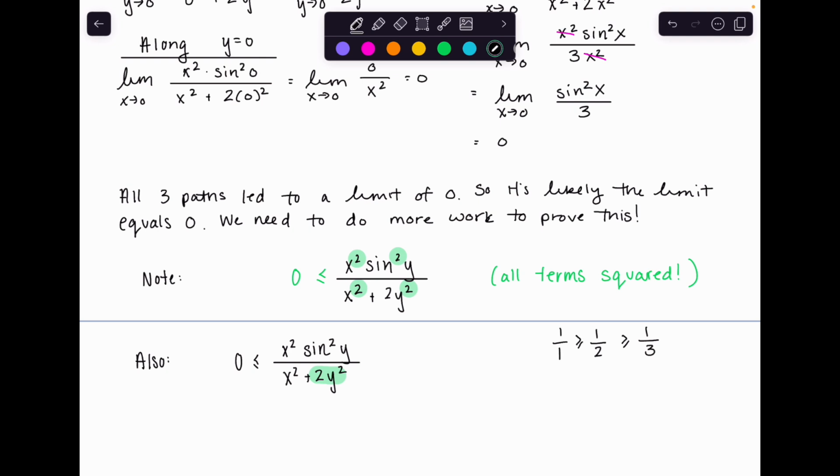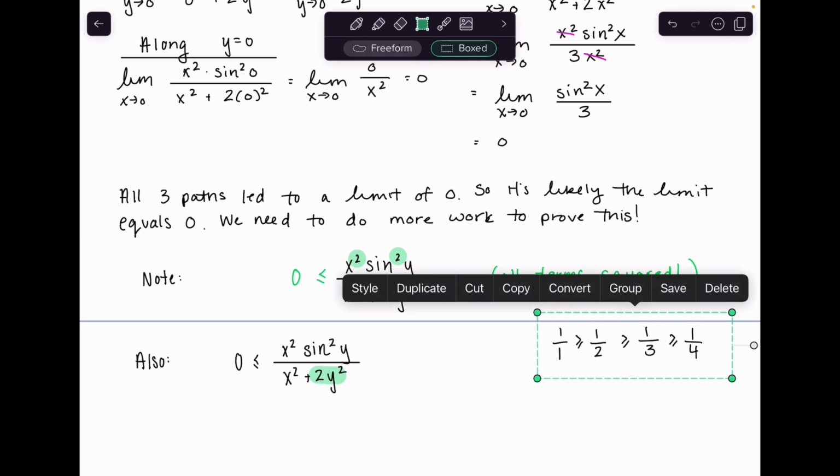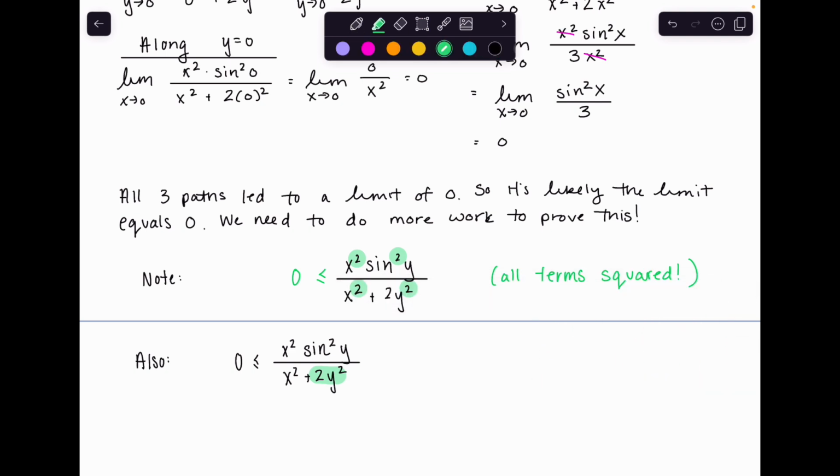You also have this relationship: 1 is bigger than a half, which is bigger than a third, which is bigger than a fourth. So if I can make my denominator smaller, then I'll have a bigger fraction. In this case, y squared is a positive quantity. So if I get rid of this piece in the bottom, it gives me a bigger fraction.